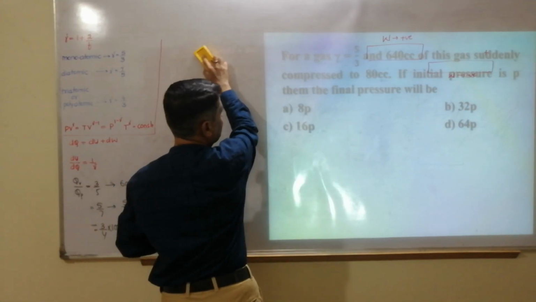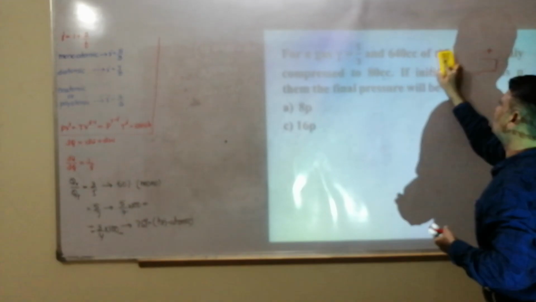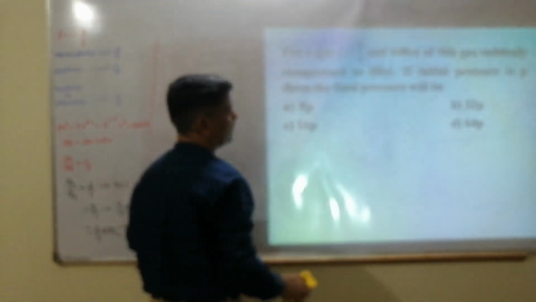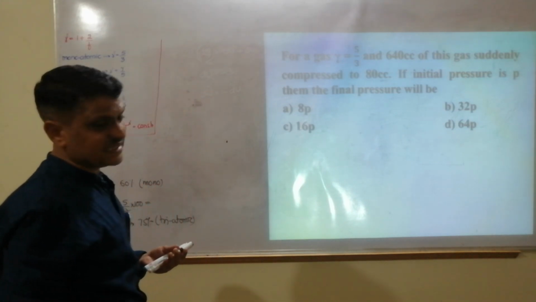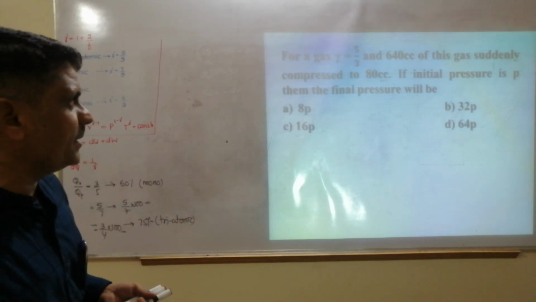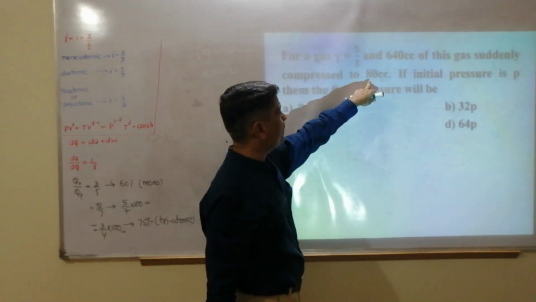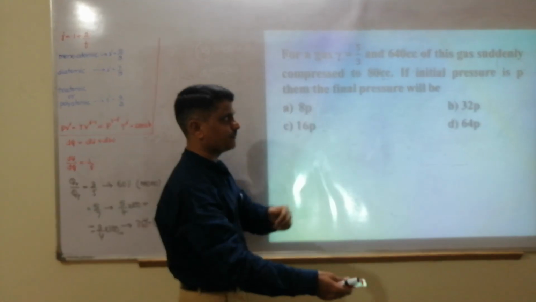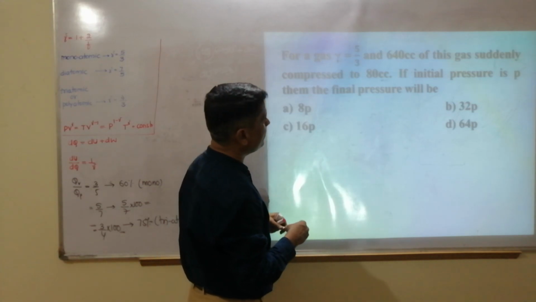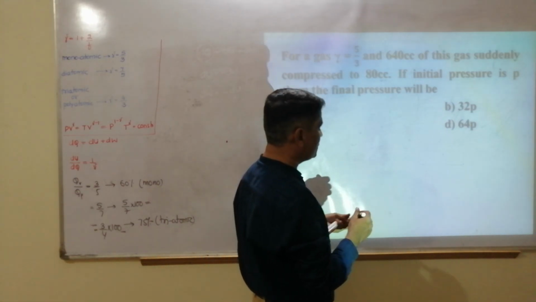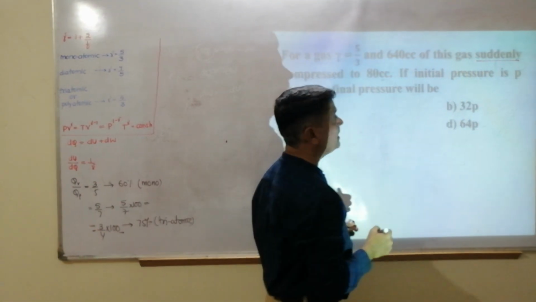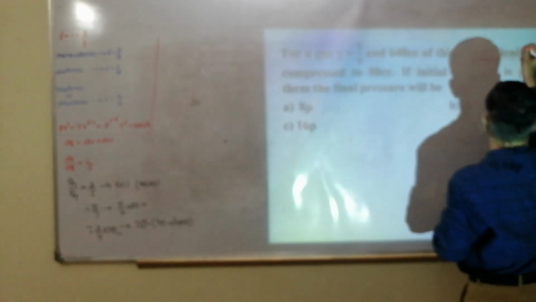For a gas, gamma is equal to 5 by 3 and 640 cc, cc means cubic centimeter of gas, suddenly compressed to 80 cc. If initial pressure is P, then final pressure. Okay, once again it is sudden. This word suddenly indicates it is adiabatic process.